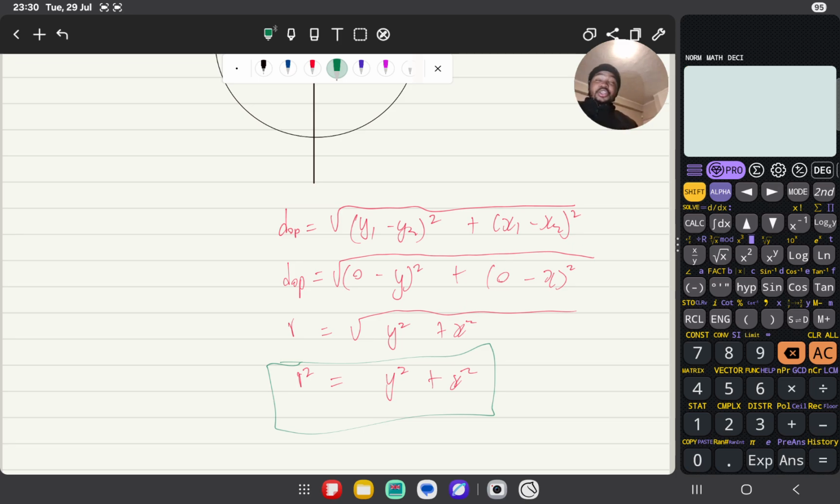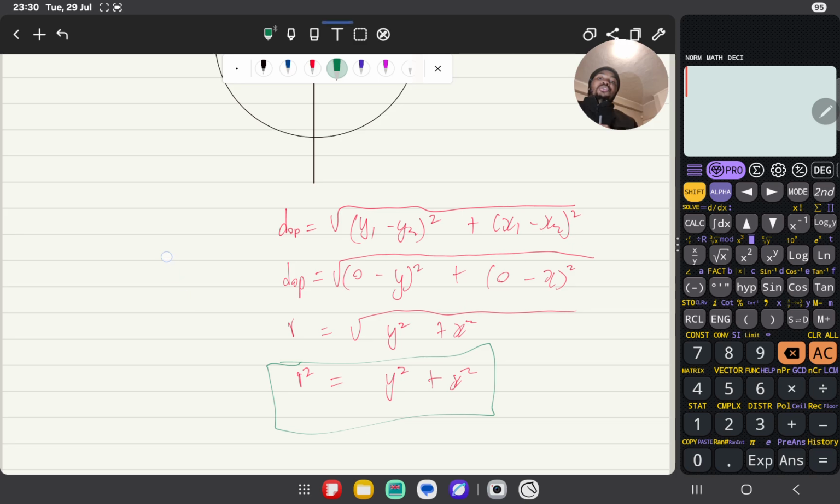If you know that the center of the circle is the origin, 0, 0, the formula is going to be structured like this: radius squared equals y squared plus x squared.